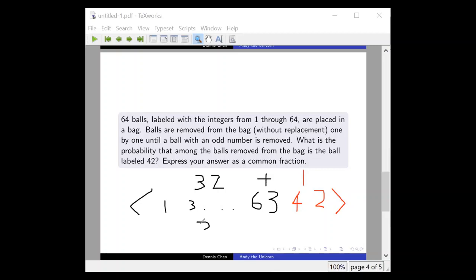We've thrown in a little shift of perspective here. There's nothing distinguishing these numbers from each other: 1, 3, ..., 63, 42. So the probability is 1 over 33.